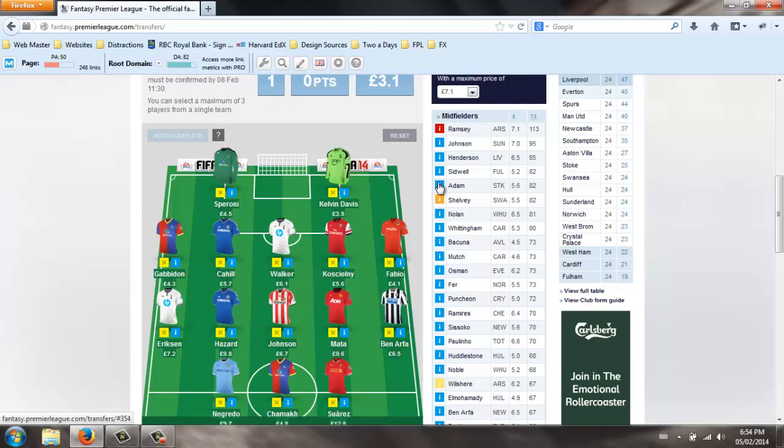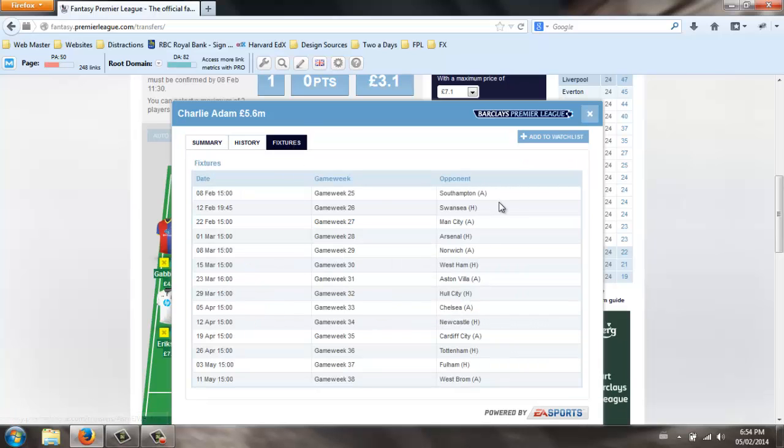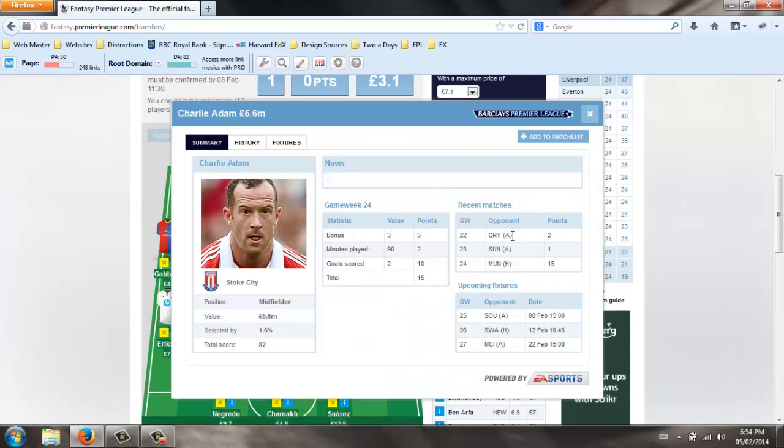Look at Charlie Adam. It's one that I suggested in the post, and you can see why. But again, fixtures, it would be a 2-run fixture. Let's see if maybe we can skip that City. Well, no. In my opinion, it's already too late. Because looking at Charlie Adam, he had Crystal Palace, Sunderland, and Man United, and then he's going Southampton, Swansea.